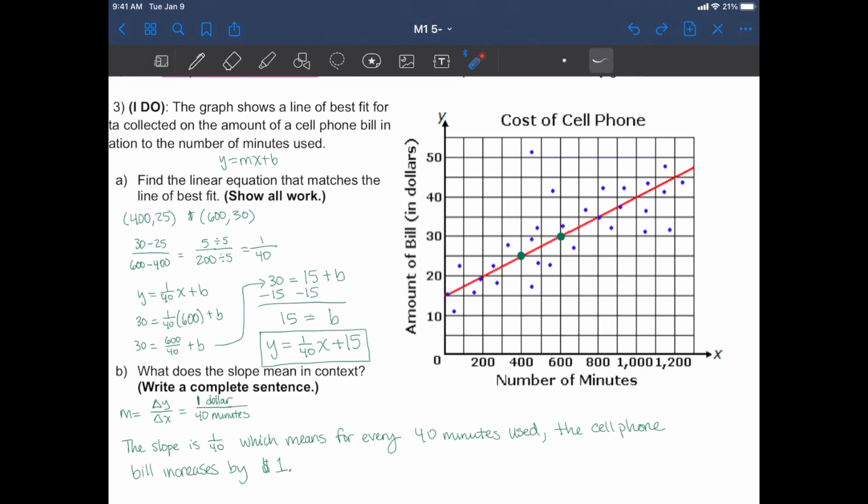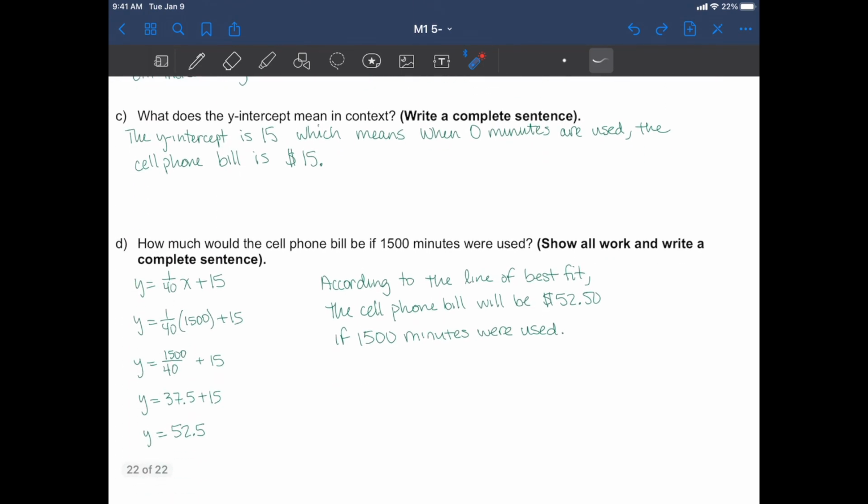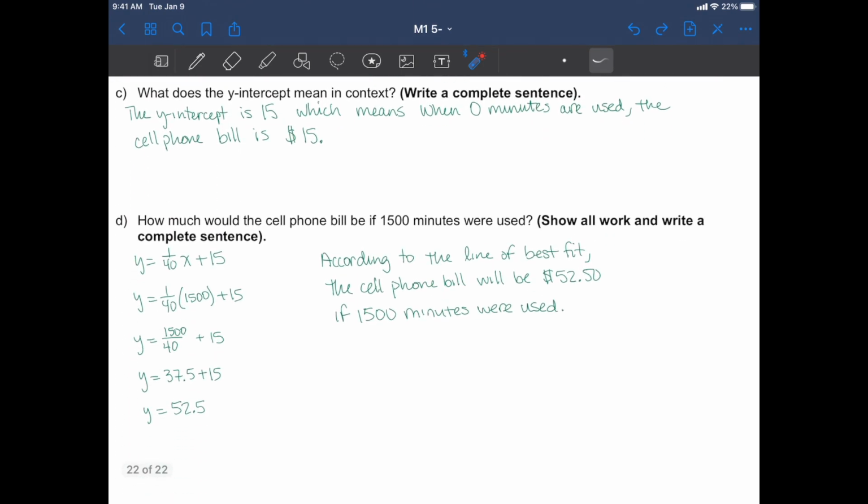So you can't tell a customer your bill will be $52.50, and then they get a bill that's different than that. I'm sure they would be happy if that bill was lower than that. But if their bill was higher, then they were not going to be very happy. So you're going to say, according to our calculations, your bill would roughly be about $52.50. And so this is the beauty of using statistics to make predictions about things that may not have happened yet.